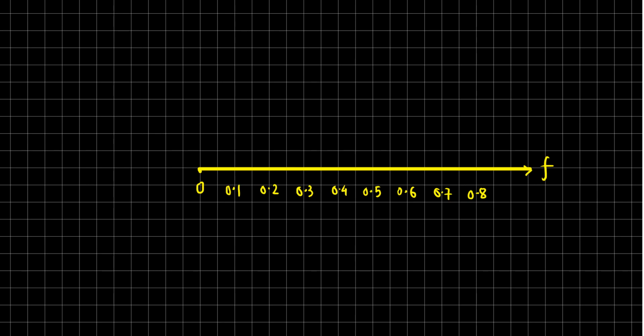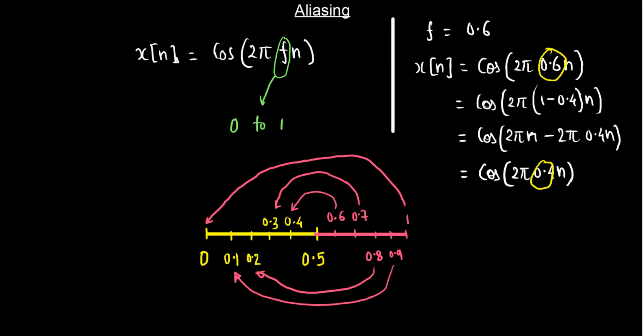Now this small f here is the actual value that it takes, and on the vertical axis let's plot the values to which it is getting mapped automatically.